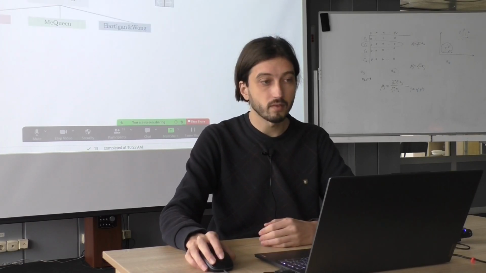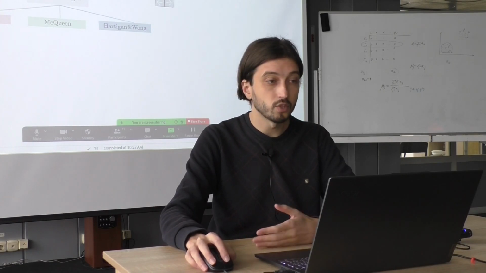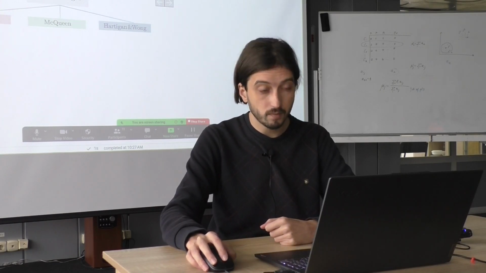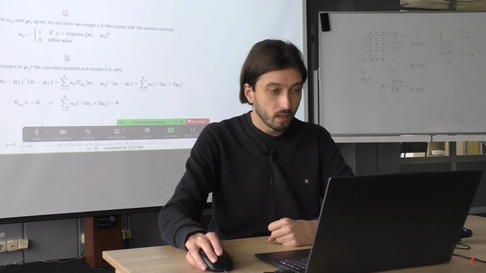How do you find the minimum of this function L with respect to all those mu j and a ij? The problem is that it's really complicated to do that simultaneously. You can't just write some equations and get some formulae that will give you the result, just plug something in and get the result out. It's not the way it works.